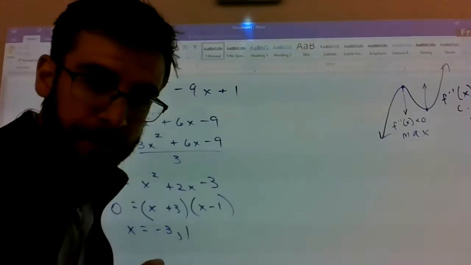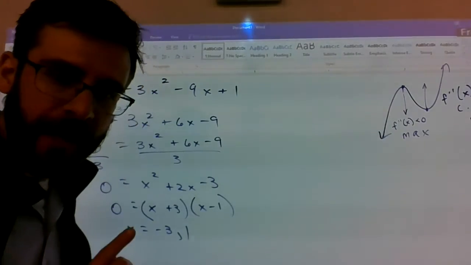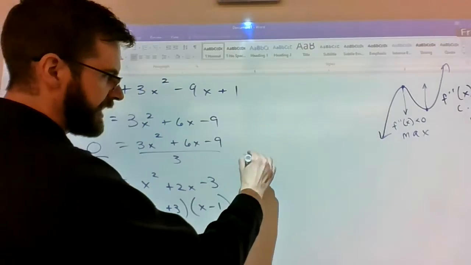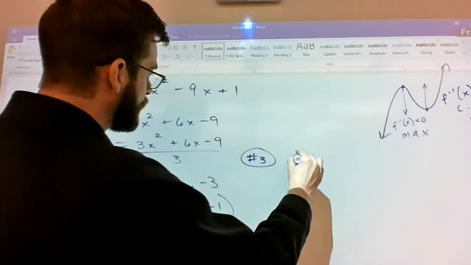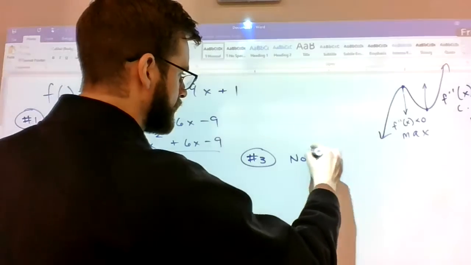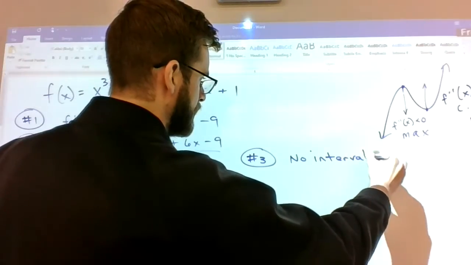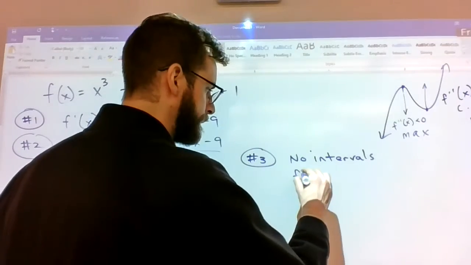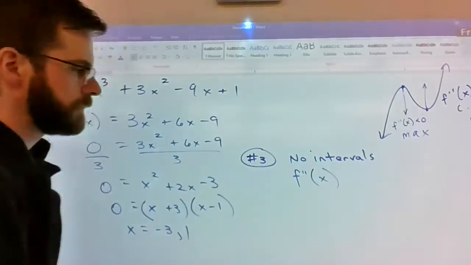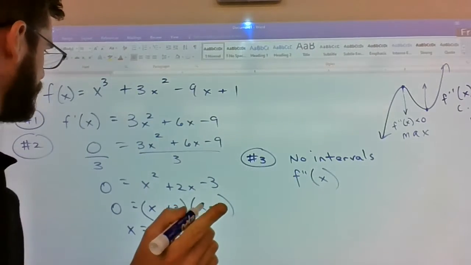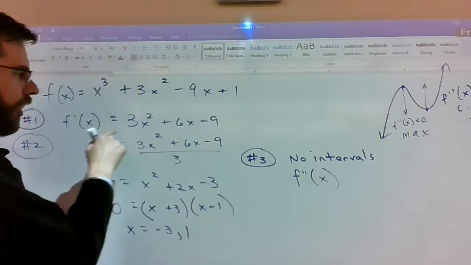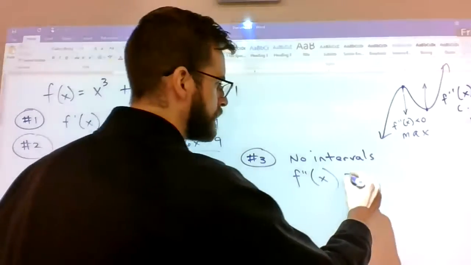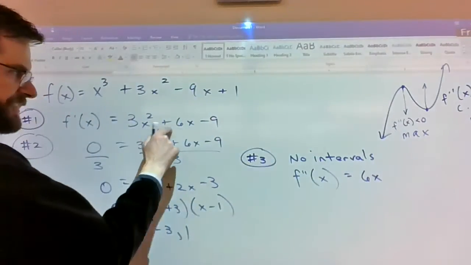But here's the kicker. Instead of setting up my intervals of increasing and decreasing, for step 3 we're going to say no intervals. We're going to compute f double prime. We're going to take the second derivative. So from this point on, the second derivative would be 6x plus 6.